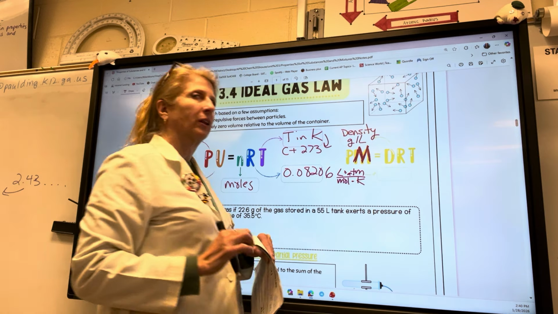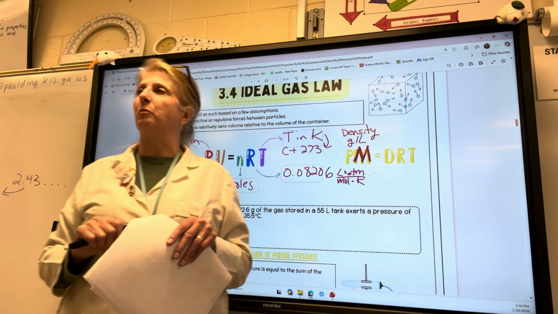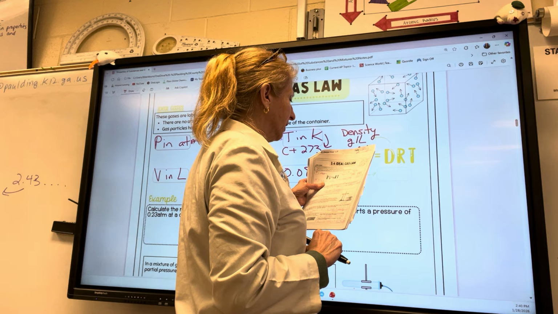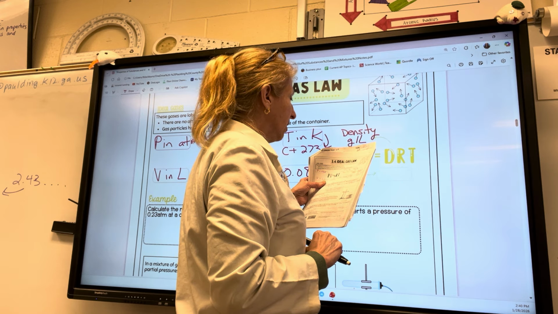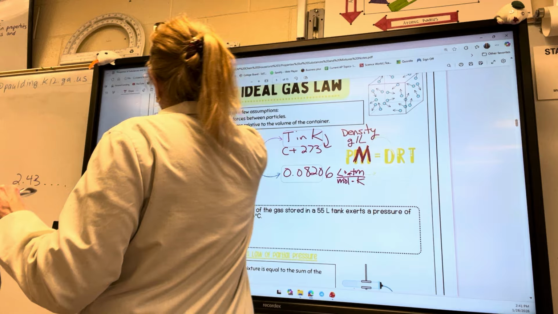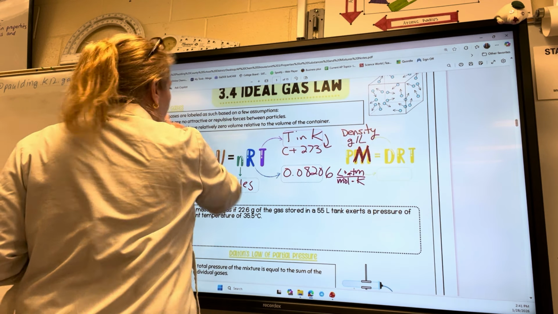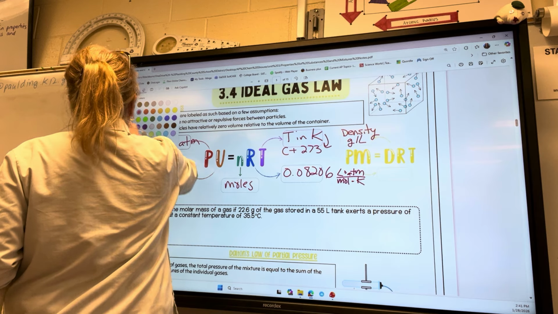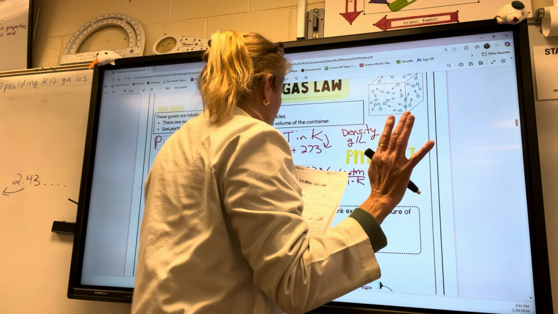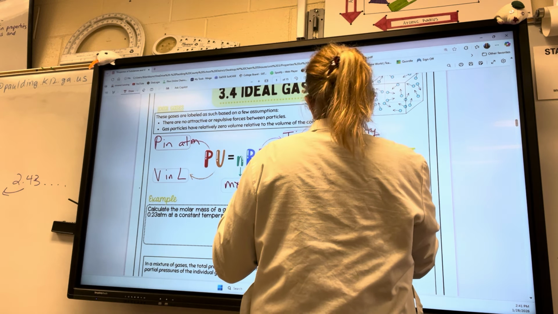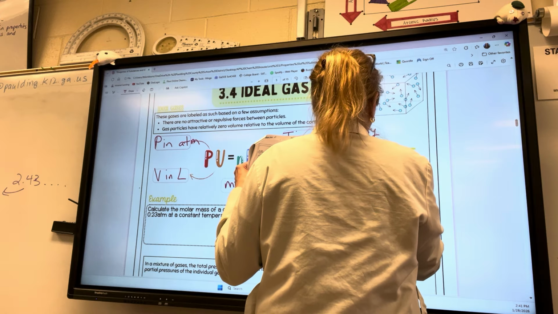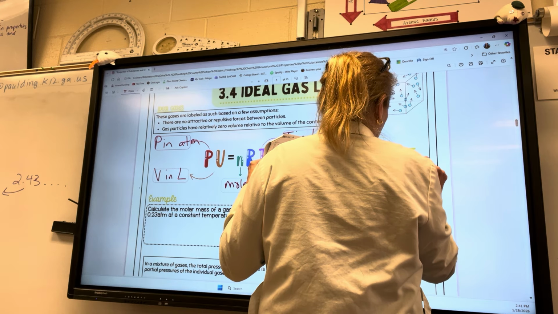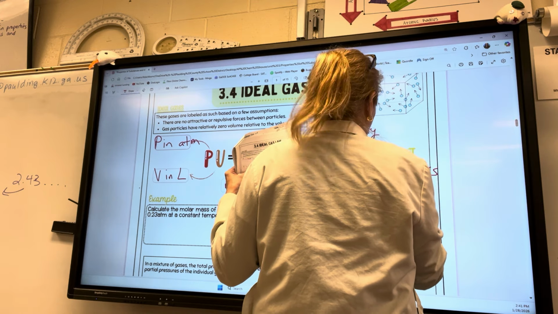Capital M is molarity, lowercase m is molality. Oh, that's not here. Oops, forget that. I messed up. I'm getting ahead of myself. I'm getting righteously indignant over something before I'm supposed to. This is little m. This is the molar mass in grams per mole.